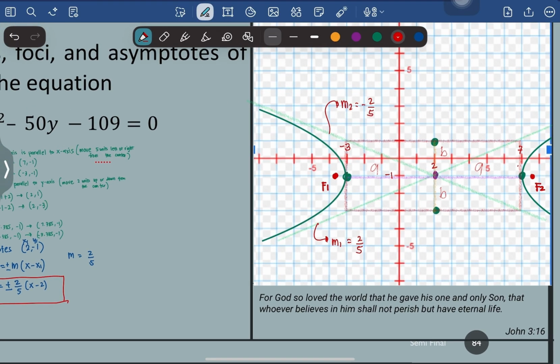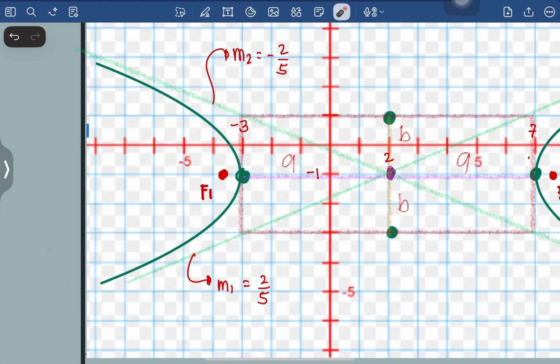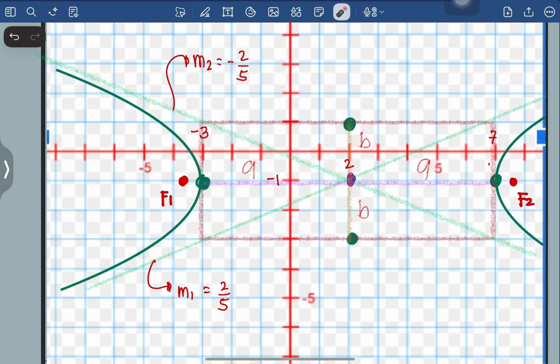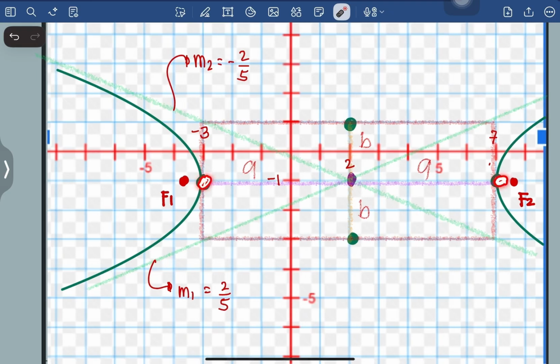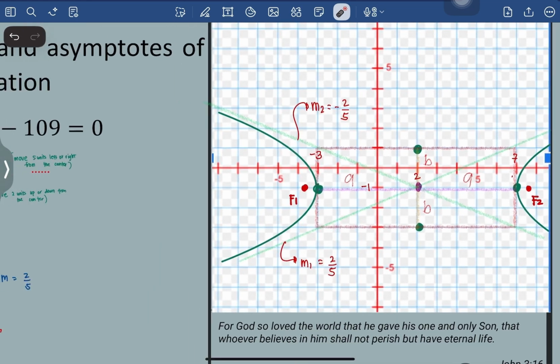So this is the graph, no? Para mag-graph natin, unahin nyo muna i-plot yung center, then next is the major axis. So those are the vertices of the major axis. From the center to this vertex, it is equivalent to a, distance a.